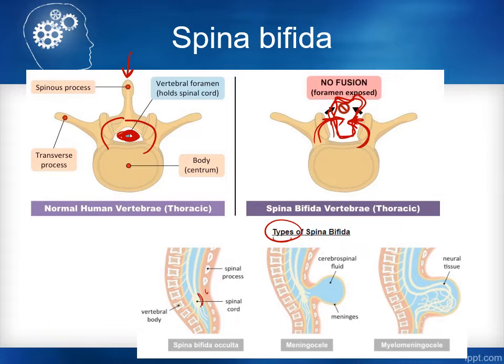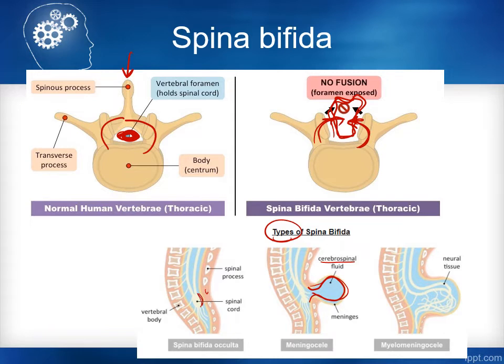It can get worse, and the fluid of the spinal cord, that cerebrospinal fluid, could actually grow into a little bubble that is noticeable from the back of the person. So you can actually see this bubble.